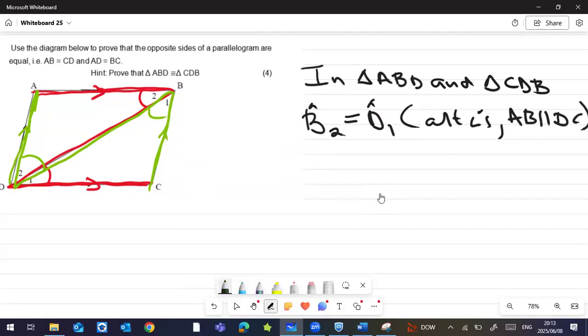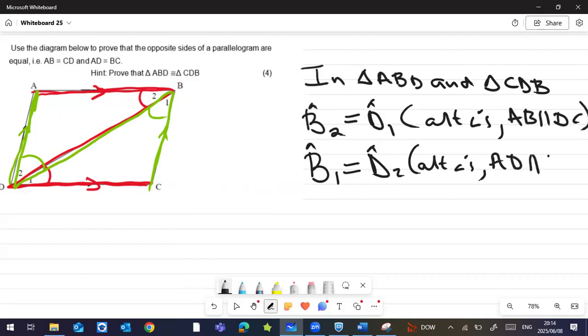Now I'm going to say angle B1 equals angle D2, same reason, alt angles. This time from that Z shape, look at the green color, which sides are parallel in that Z shape? Side AD is parallel to side BC.